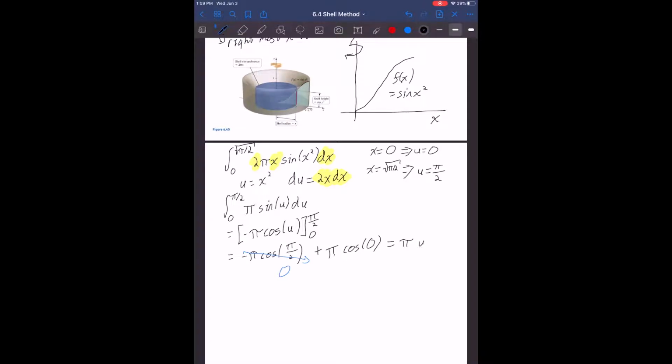So we're just left with pi, and we'll say units cubed. So our final answer for the volume in this figure 6.45 up here is going to be pi units cubed. And this is a problem that we just wouldn't have been able to do using the shell method or the washer method.